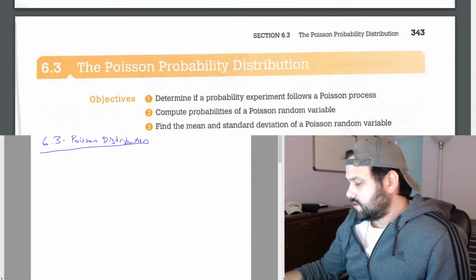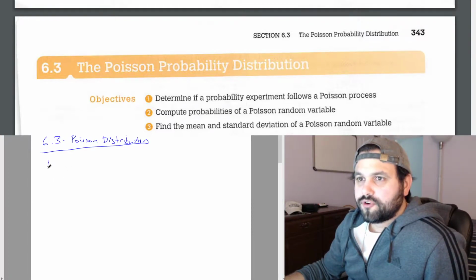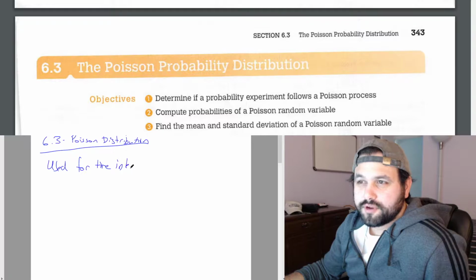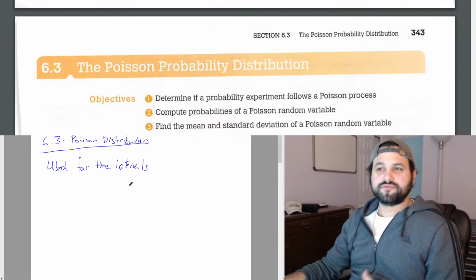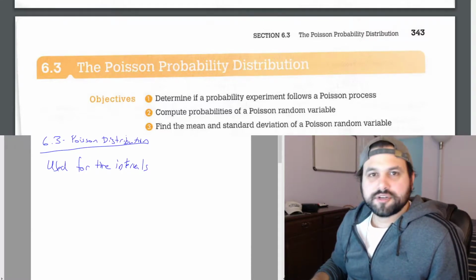And for the most part, this distribution is used primarily for time intervals. There are other uses for it, but generally it's used for time intervals. So what I mean by that, let's take a look at example one.